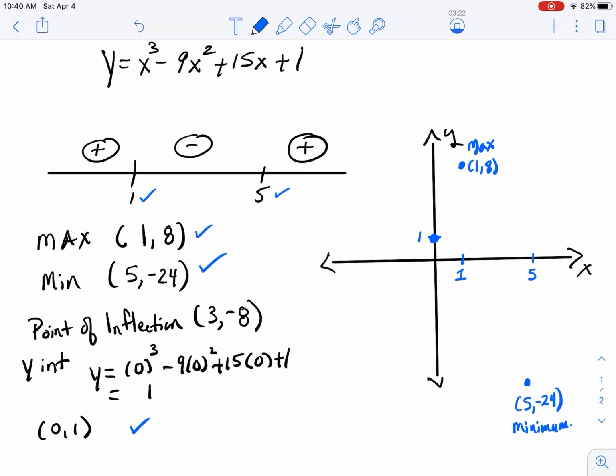Point of inflection is 3, negative 8. So 3, negative 8 would be somewhere around here, I'm going to estimate. And just going to write POI there, point of inflection.